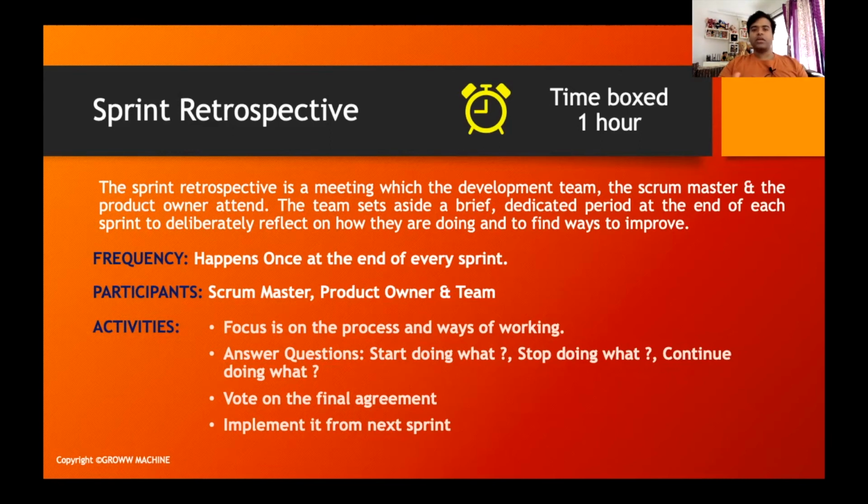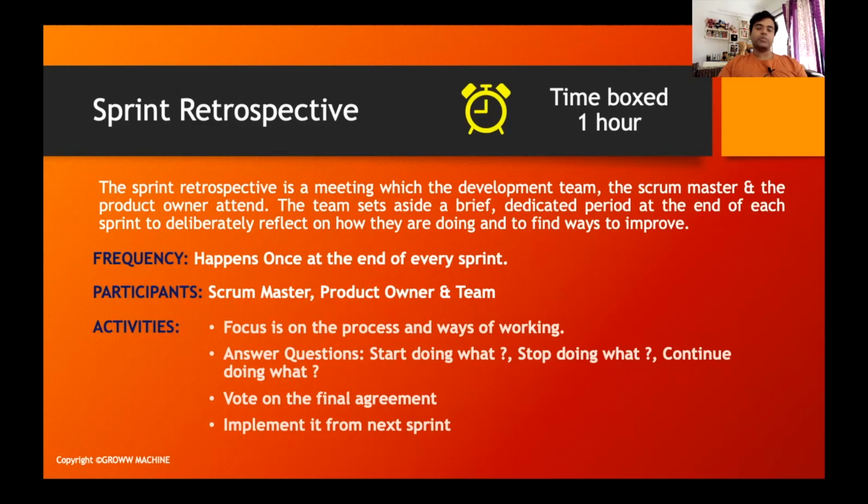This is not a meeting where external stakeholders are of any use, because this meeting is usually between the Scrum team members, that is the Scrum Master, Product Owner, and the team. In this meeting, what we discuss is how to optimize or streamline the process.